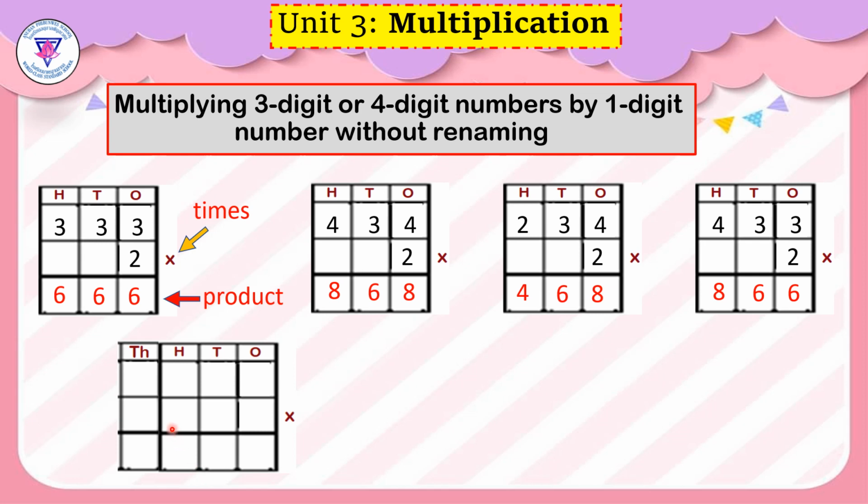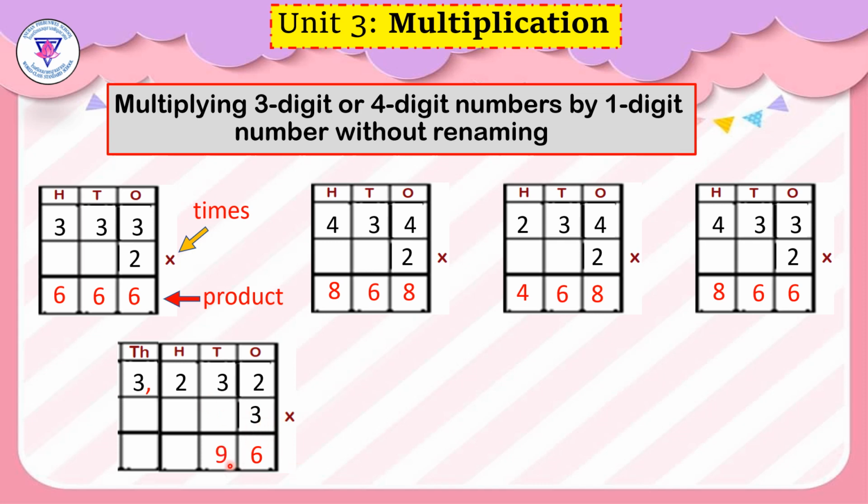As you can see, there are 4-digit numbers, which is 3,232 multiplied by 3. As you can see, there are ones, tens, hundreds, and thousands. So let's multiply the numbers. 2 multiplied by 3 is equal to 6.